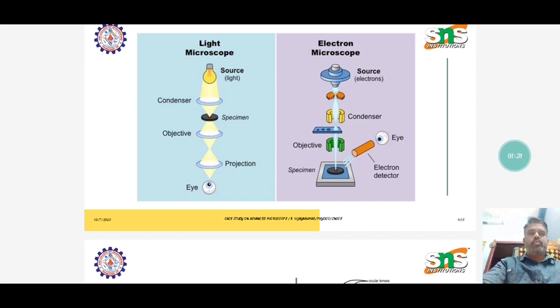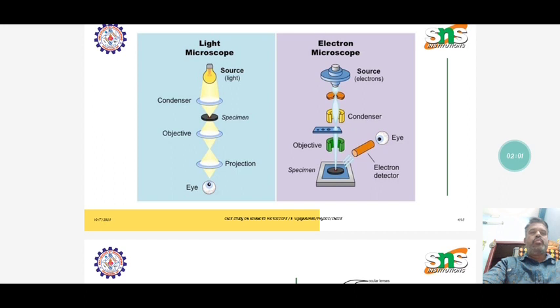From these two pictures we have identified the differences. The optical source is used in light microscopes, with normal lenses. But the electron microscope is of high resolution because the source is an electron beam, a narrow beam.